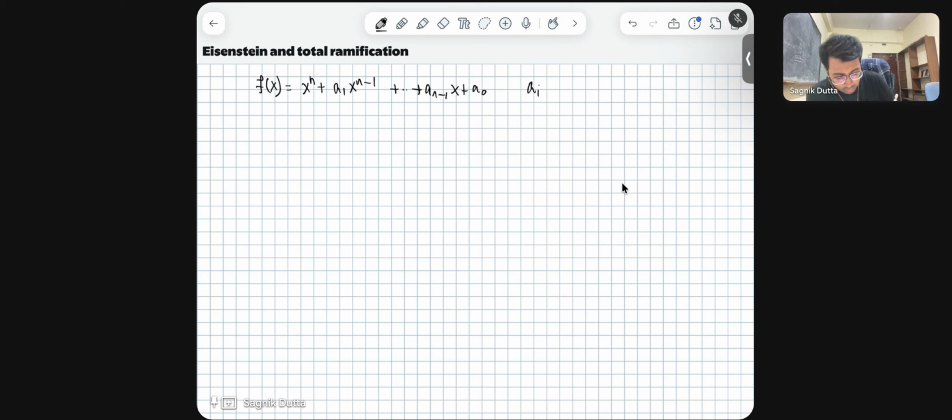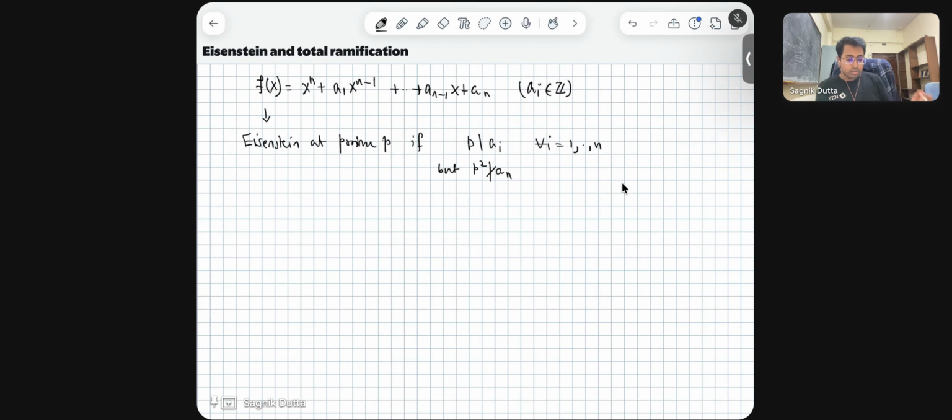where I'm taking all my coefficients to be from the integers, and this is Eisenstein at a prime p if p divides all these coefficients and p square doesn't divide the constant term. So the constant term should be p times some other number which is coprime to p.